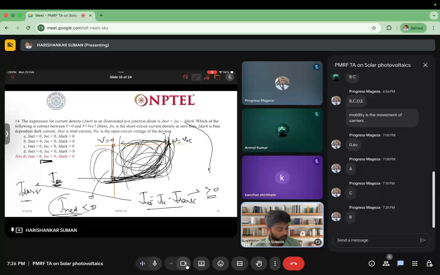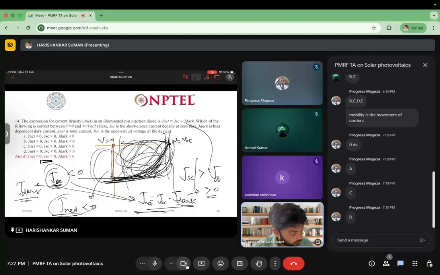If JSC is negative, then only the J net total is negative, and J dark is positive but not greater than JSC in amplitude. The amplitude of JSC is very high as compared to J dark.